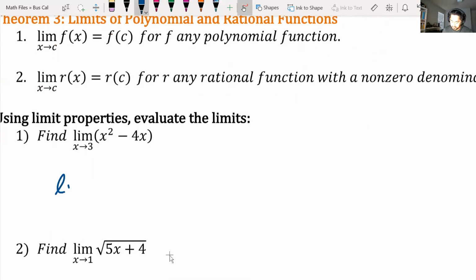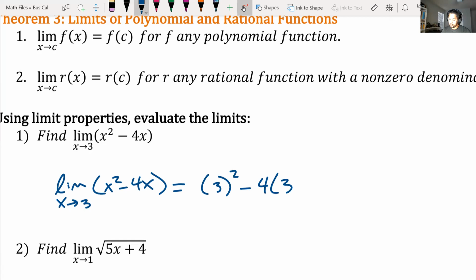We're going to say the limit as x approaches 3 of x squared minus 4x. By that polynomial property above, all this says is, hey, plug in 3 and simplify. So you're going to get 3 squared minus 4 times 3, which will give us 9 minus 12. And our limit is going to be what? -3. That's it.